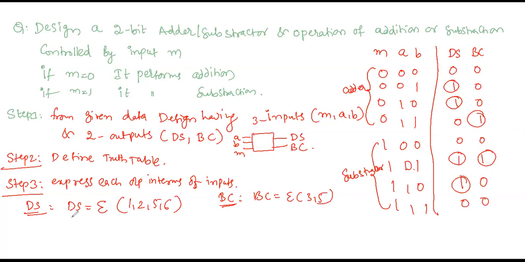Now apply the K-map. 3 variables are there in the input, so a 3 variable K-map.